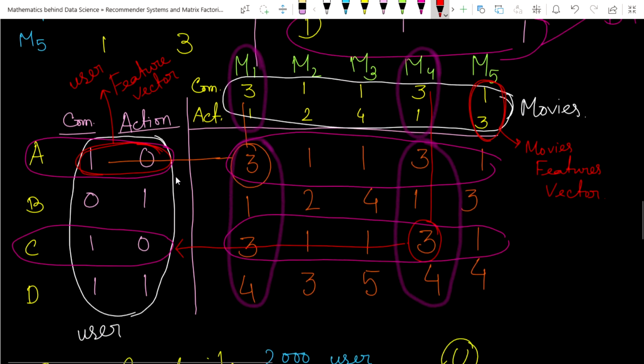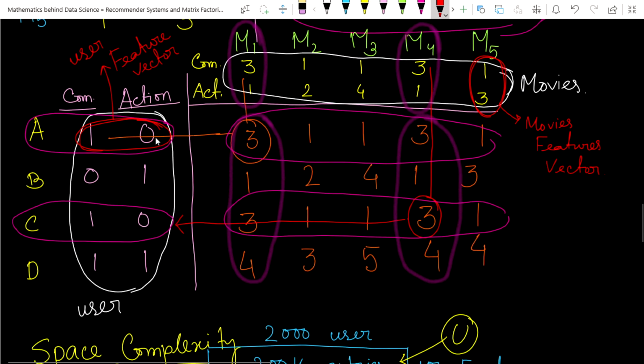If we consider 100 features, the dimension of this vector will be R100. So it depends on how many features we are interested in considering in our algorithm.